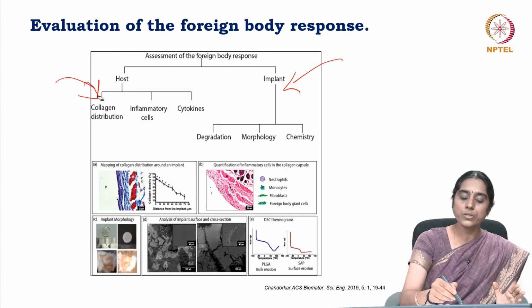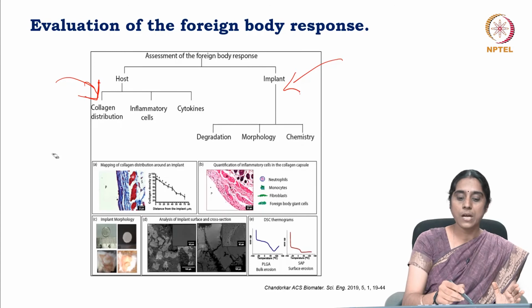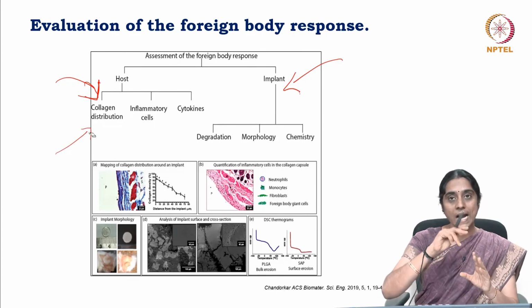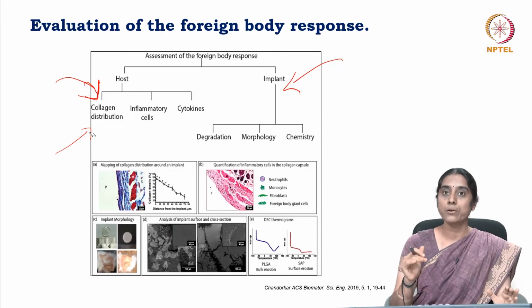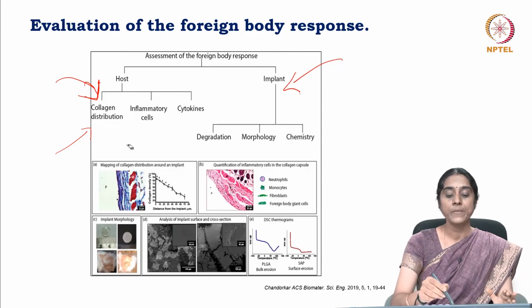So, from the host, when the implant is placed, we should see how the collagen distribution is, the density of the collagen around the biomaterial. So, collagen estimation needs to be done.